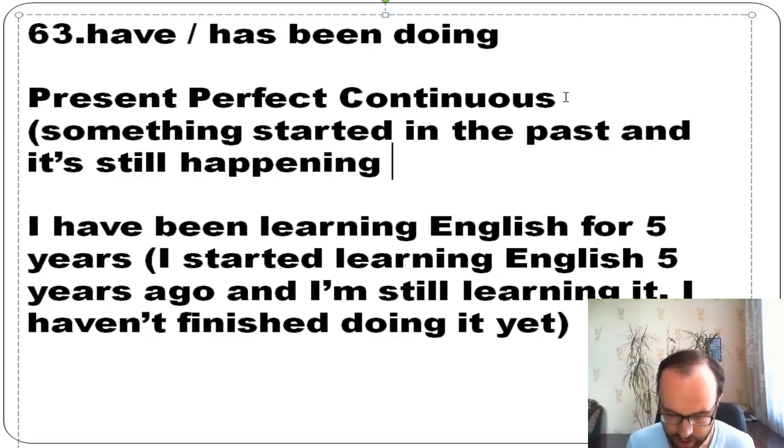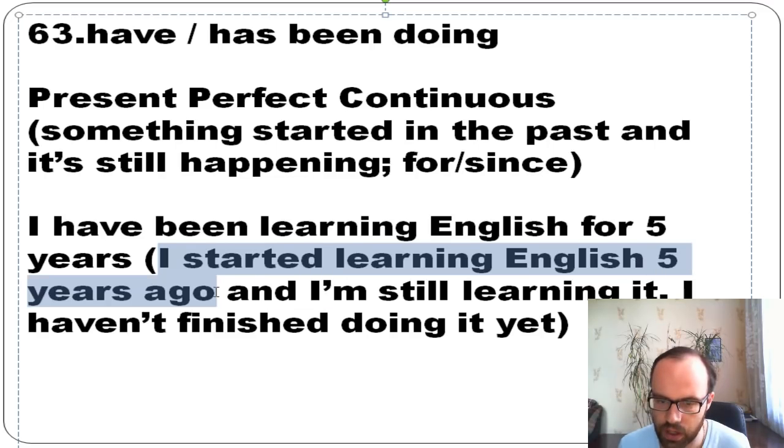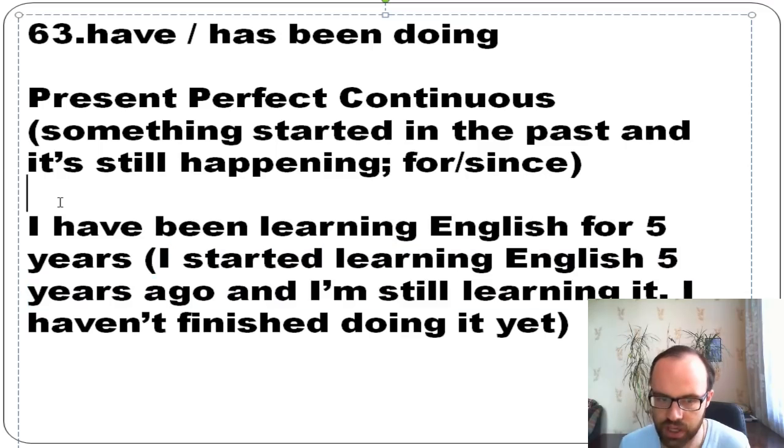We usually have time markers for or since. Look, I have been learning English for 5 years. It means I started learning English 5 years ago and I'm still learning it. I haven't finished doing it yet.